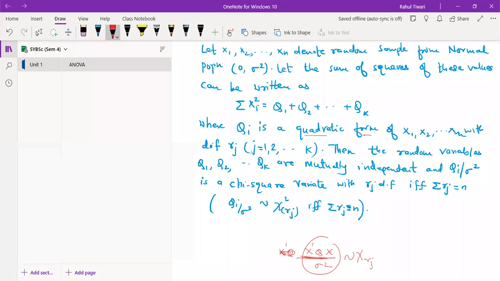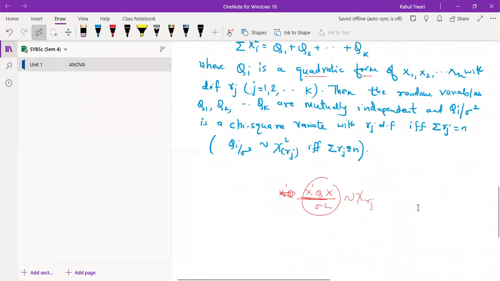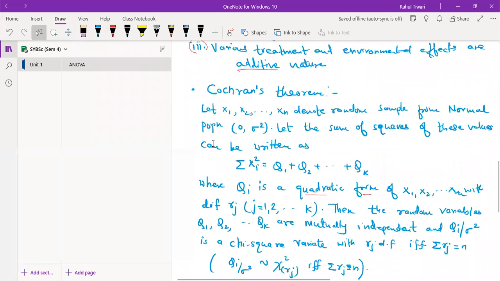How the theorem works we will see in the next class. The only thing you need to understand is that the observations come from normal populations, and the sum of squares can be written like this. Everybody knows the sum of squares: adding everything up, the summation of x square is the sum of squares. And this qi is a quadratic form having some degree of freedom. We will discuss the degree of freedom in more detail.